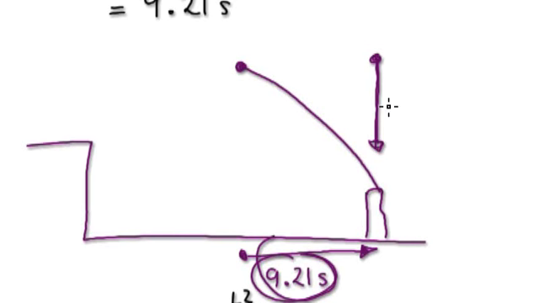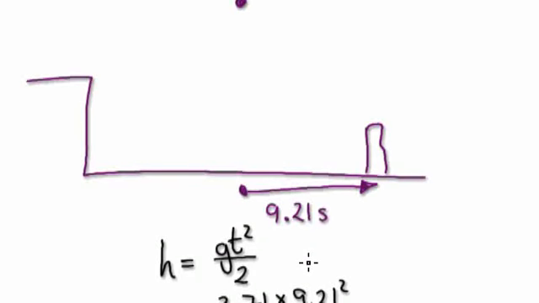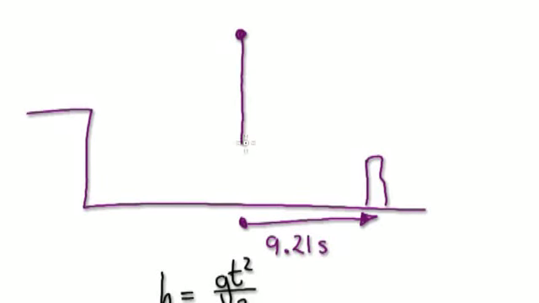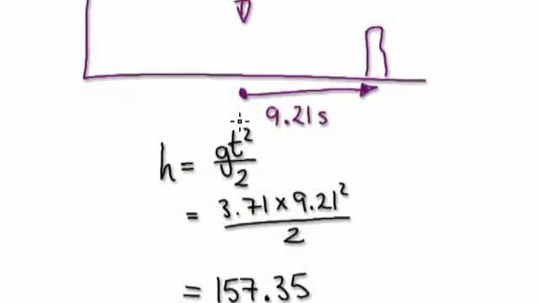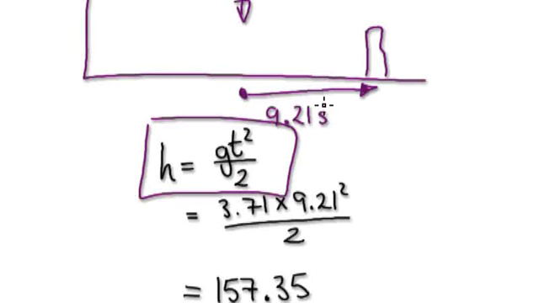So you could free fall for this distance, or this distance here. You're at the maximum height, you're going to free fall for 9.21 seconds. So work out the vertical distance traveled. Jump to this free fall formula here, and then put this into the t.